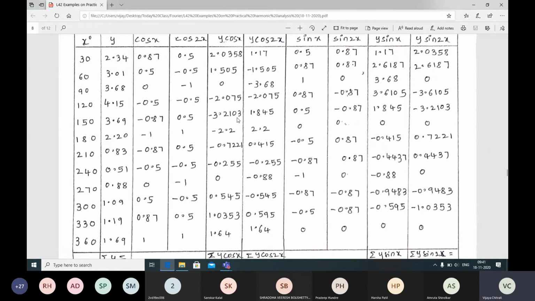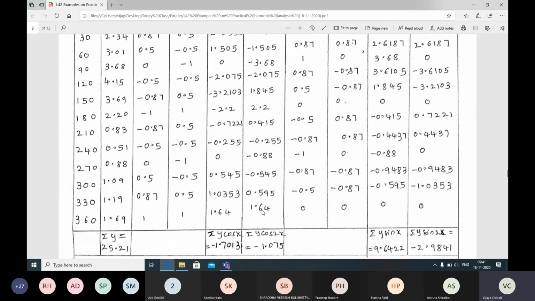Similarly, minus 2.2, minus 0.7221, minus 0.255, 0, 0.545, 1.0353, 1.64. So add all the values of y cos x.